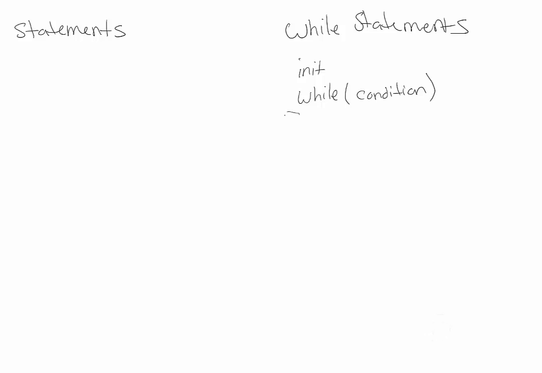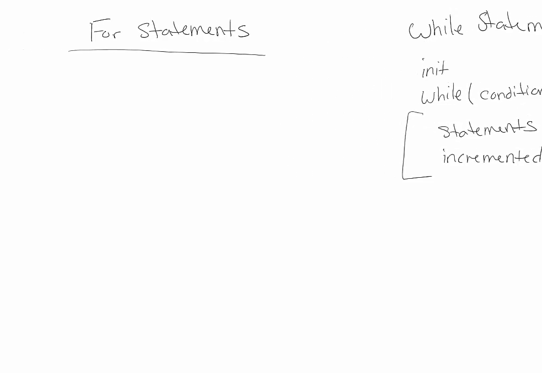Then inside the block, we had our statements, everything that we wanted to have happen if this loop was true, and then we incremented so that we were maintaining the counter that was ultimately controlling the condition.